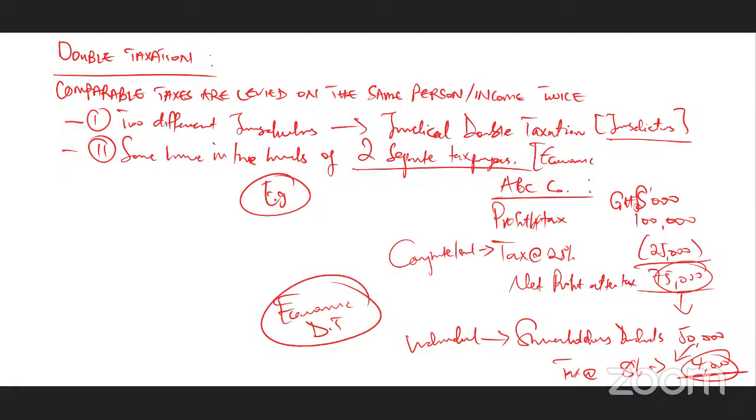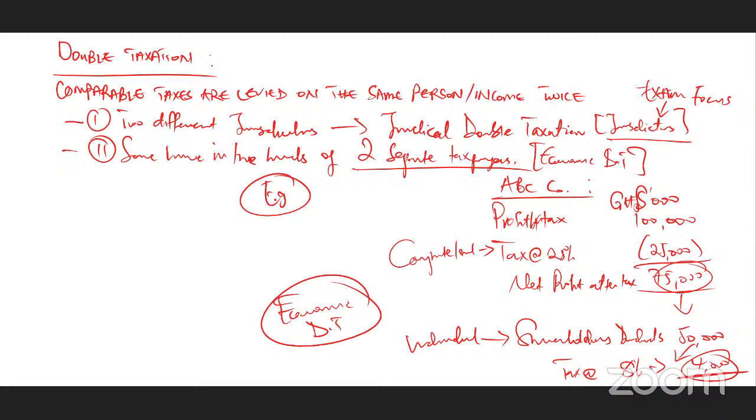Yes, you have some rules dealing with economic double taxation, like anti-avoidance provisions, or taxation of things in the domestic tax law and stuff like that. But our exam is mostly focused on juridical double taxation.